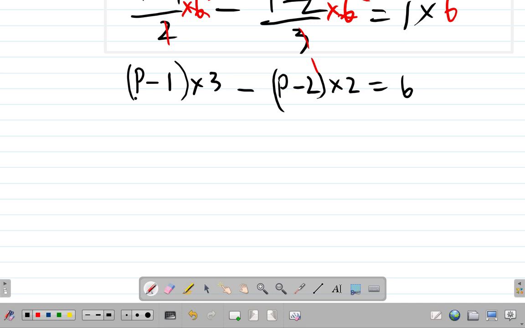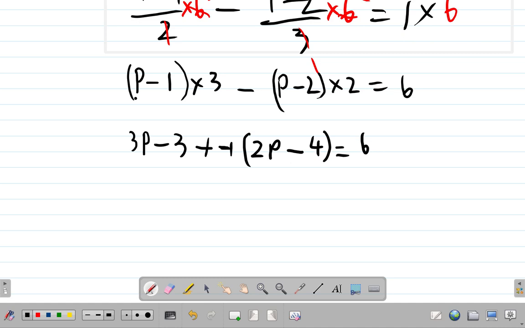P minus 1 times 3. You multiply each item by 3, so p times 3 gives you 3p. Minus 3 times 1 gives you 3. Minus what now? What you can do is consider this as plus negative 1 times. Alright? In order to avoid any confusion and mistake. 2 times p gives you 2p minus 2 times 2 gives you 4 equals 6.